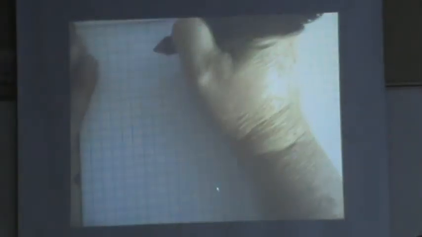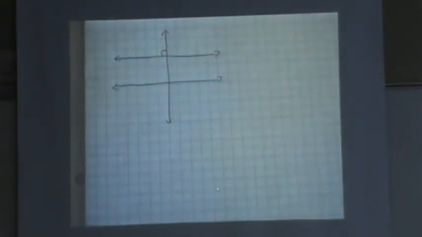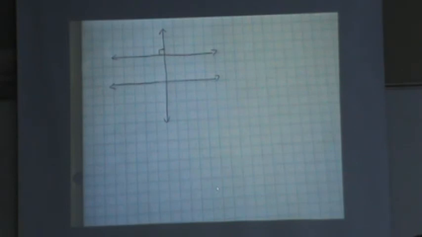So if I had, and I am out of room on my paper, so let me just take a piece of this. If I had parallel lines cut by a transversal, and I know that the measure of this angle is 90 degrees, what's the measure of all the other angles going to be?